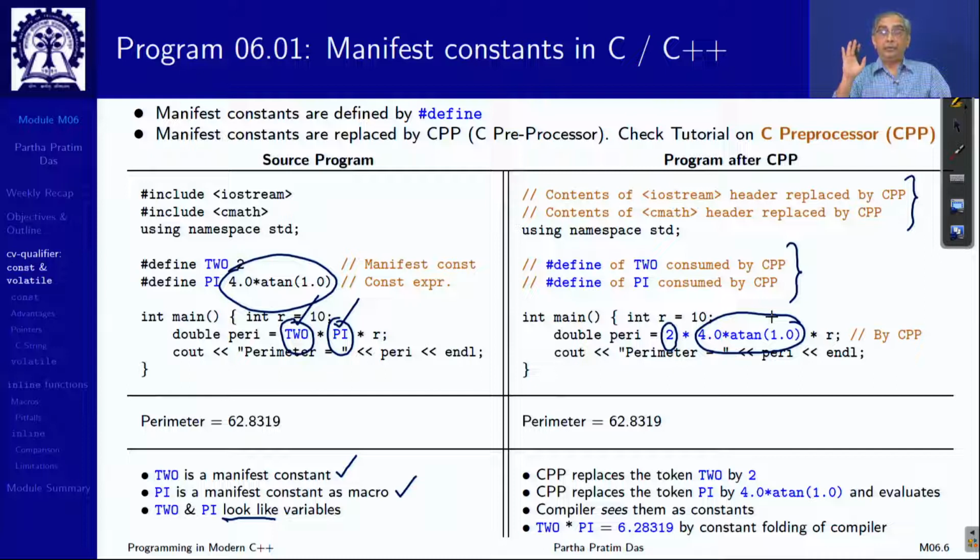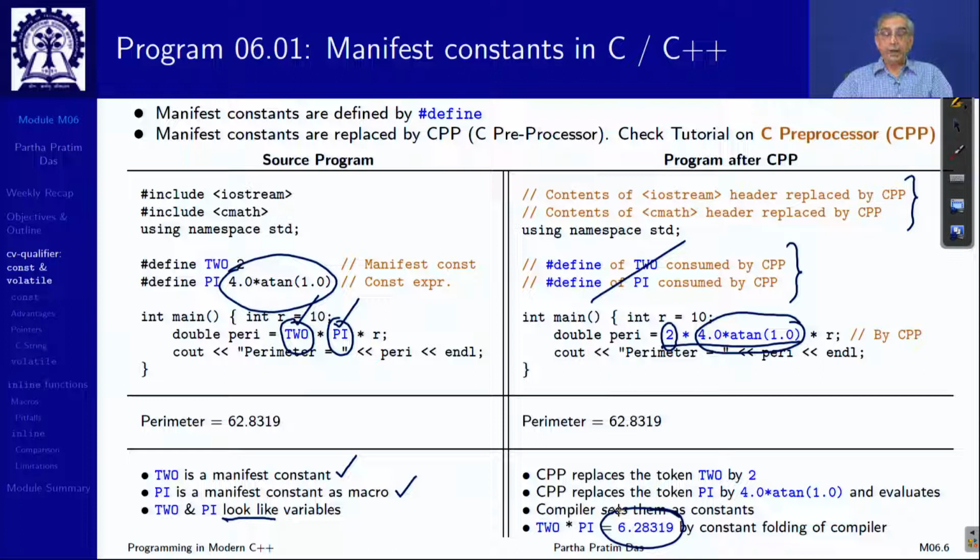So, the basic problem is that the compiler never gets to know that there was something called TWO or something called PI, because the compiler has not seen that, these are all gone. The compiler sees only this, which is a constant expression, and possibly the compiler will evaluate that constant expression at compile time, because it can, and possibly what is left is a number like 6.28319, which is the approximate value of 2 pi.